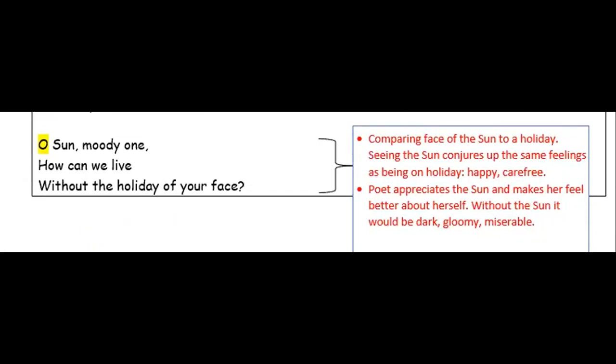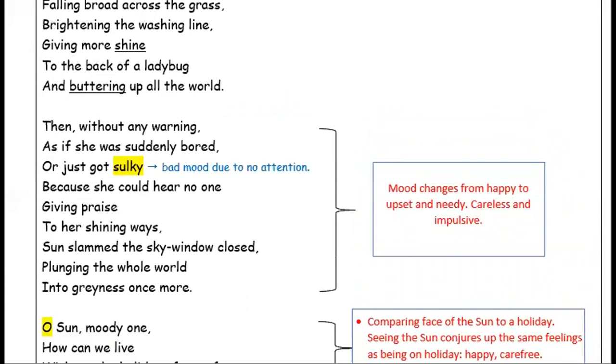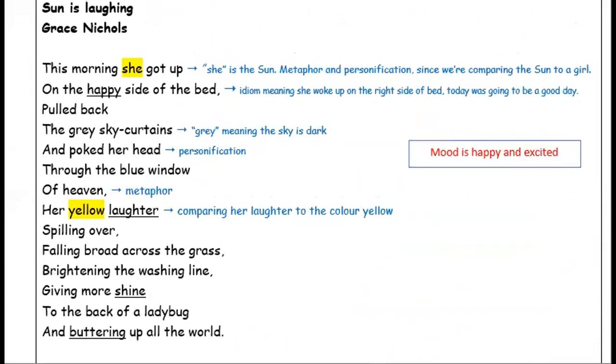All right, let's look for conjunctions in this poem. Conjunctions are basically connecting words, right? Words that connect sentences together. So let's look at the first stanza. This morning she got up, and I'm just going to use my drawing tool, on the happy side of bed, pulled back the gray sky curtains, and there's a conjunction.